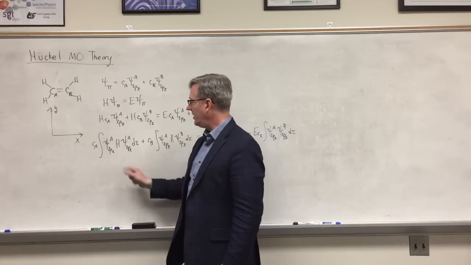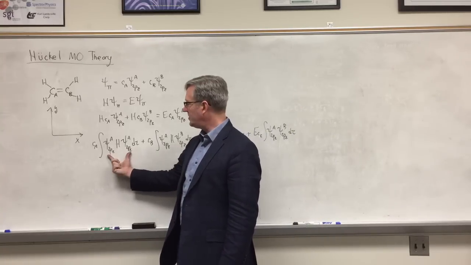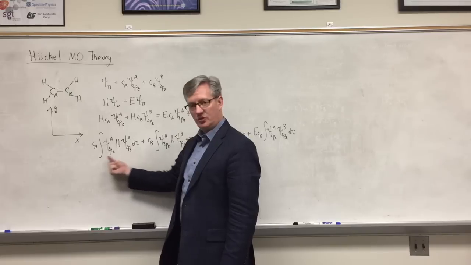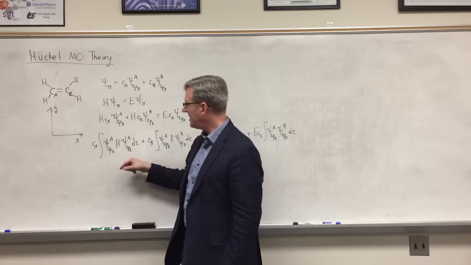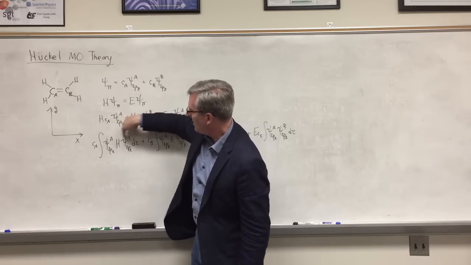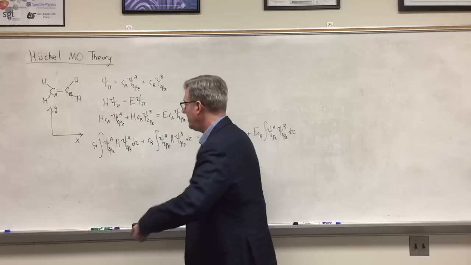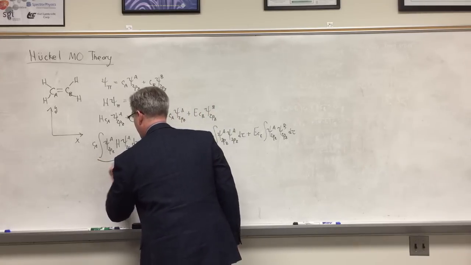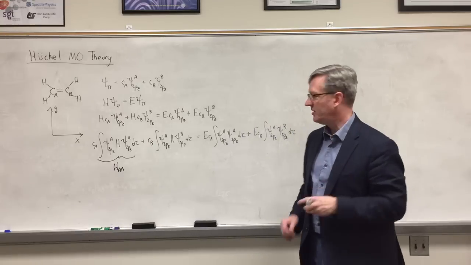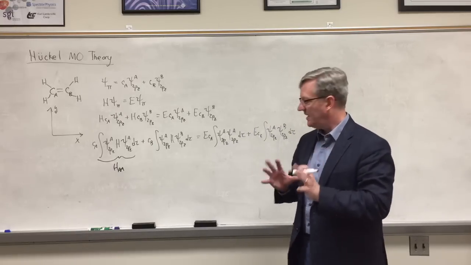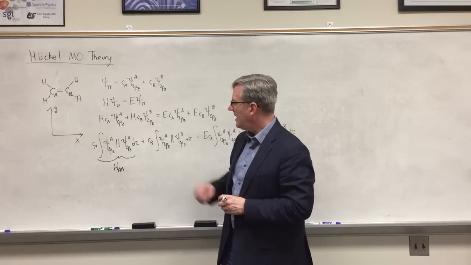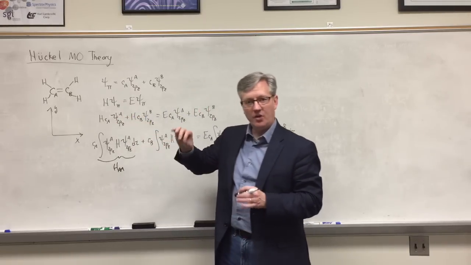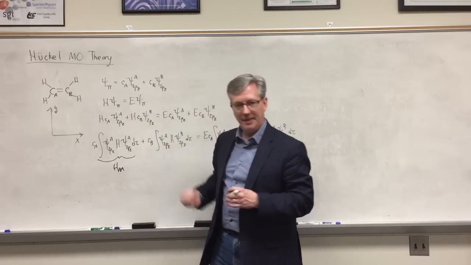This kind of an integral in which I have the Hamiltonian sandwiched between two wave functions, two pz functions in this case, both on the same carbon atom, A, I'm going to call that H sub A, just to simplify the notation. But remember, that's an integral, H sub A.